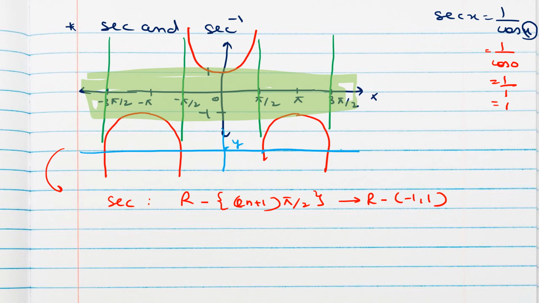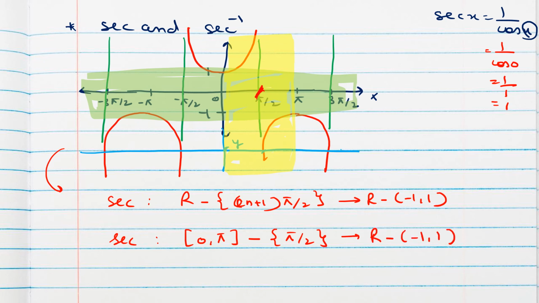And now we should consider only this part for restriction. So that is the restricted domain, which is 0 to pi, excluding the point pi by 2 at which cos is 0 and sec is undefined, with the same range.